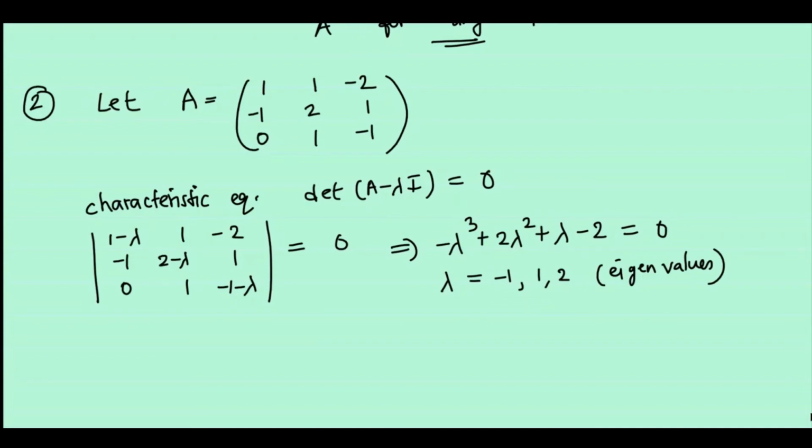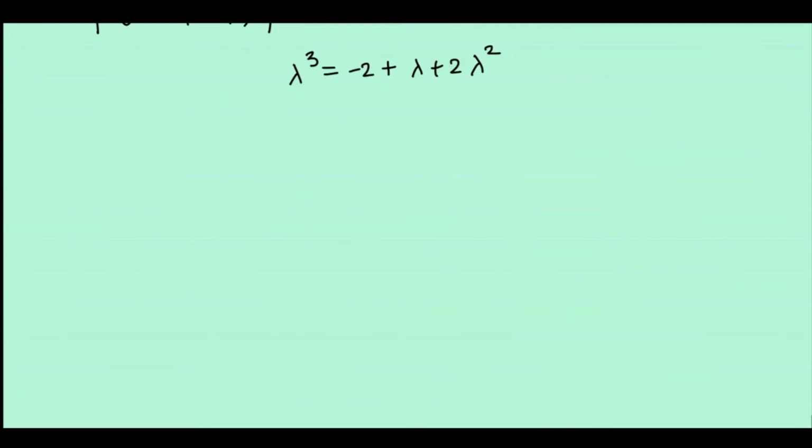So from the characteristic equation, we will get lambda cube is equal to -2 plus lambda plus 2 lambda square. Lambda raised to m is C0 plus C1 lambda plus C2 lambda square as the general form. Since the equation is 3 by 3, in this case you will have 3 constants C0, C1 and C2.